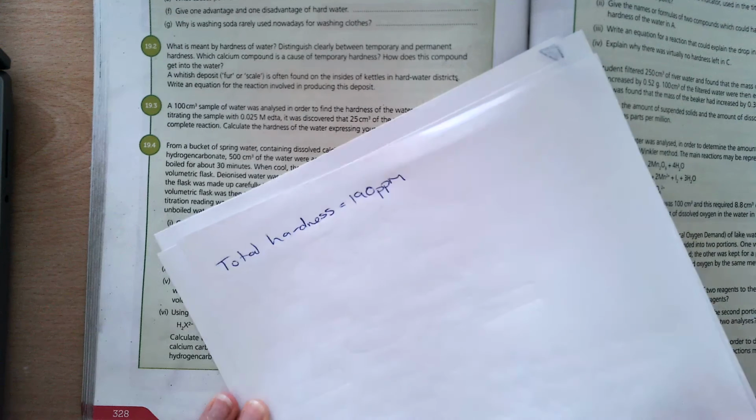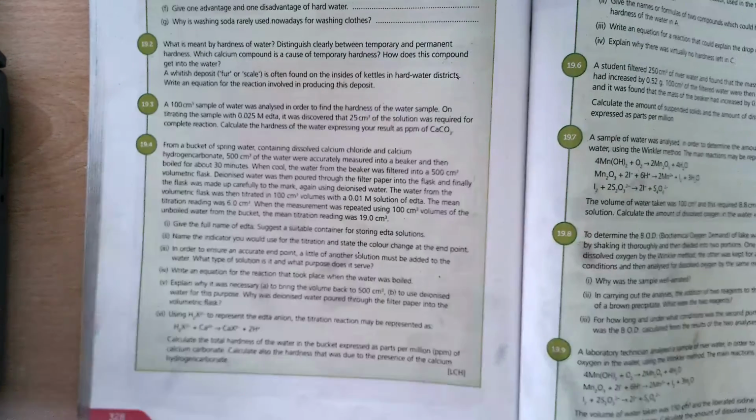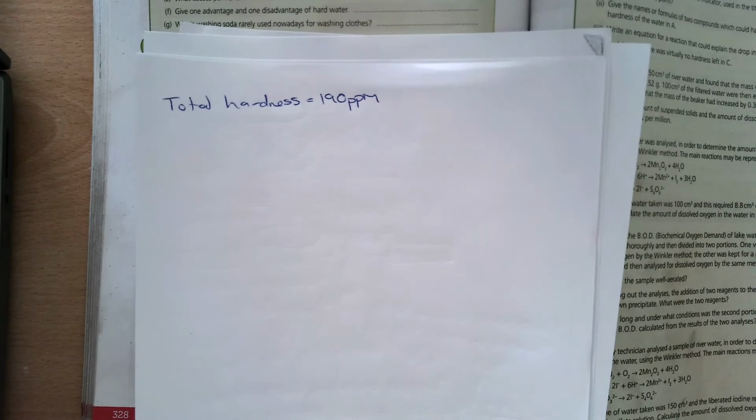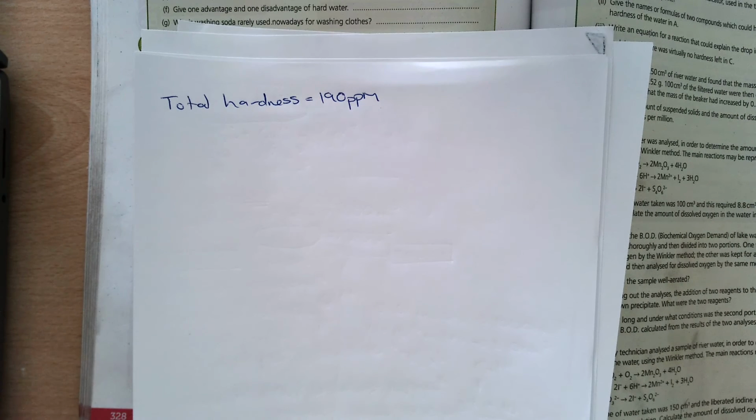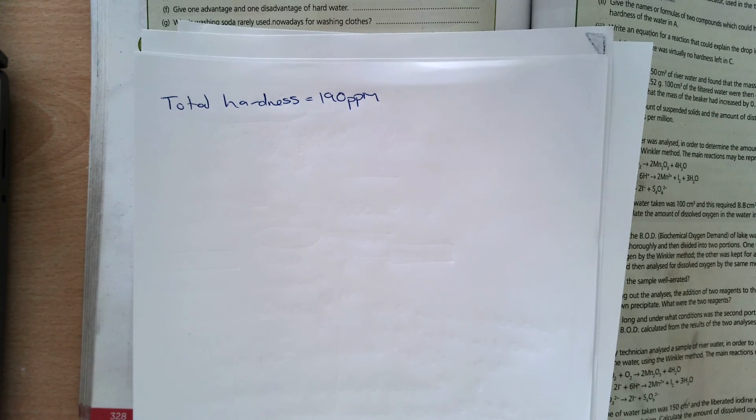I am then asked to calculate the hardness that was due to the presence of calcium hydrogen carbonate. Remember, calcium hydrogen carbonate is the amount of temporary hardness in the water. So that means the temporary hardness, remember, can be removed by boiling.